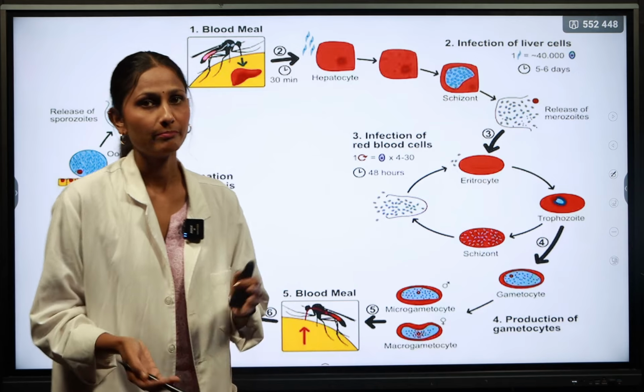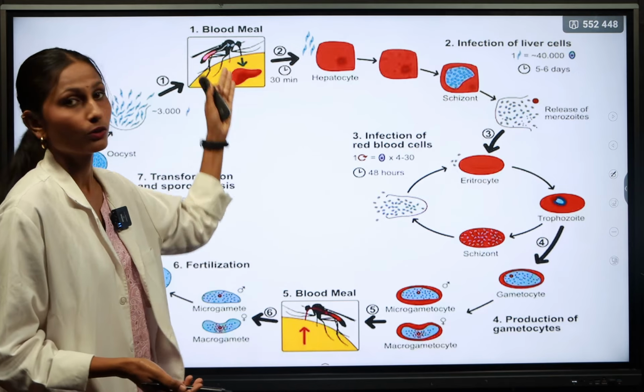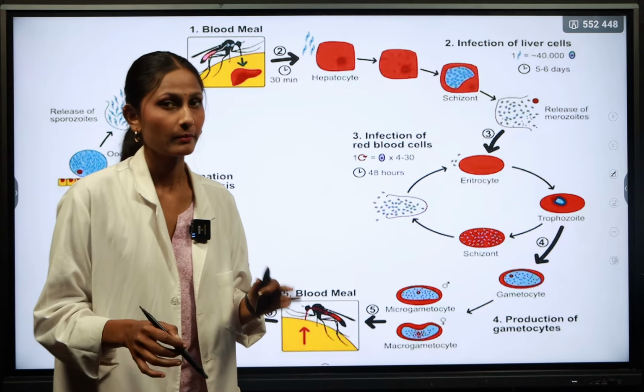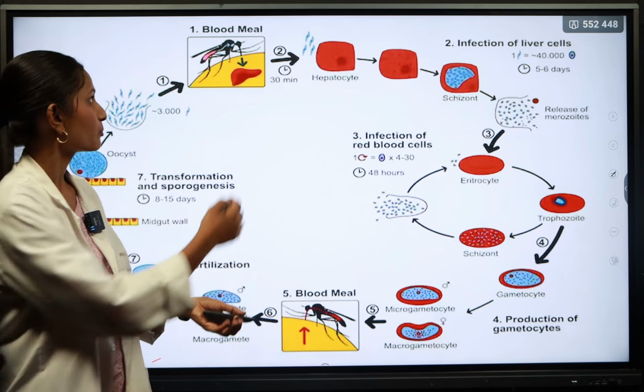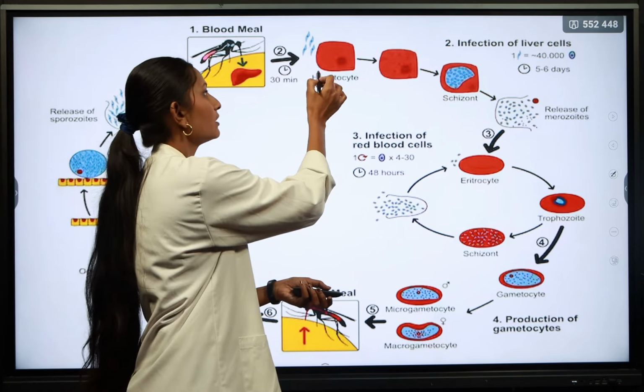So this infected mosquito will bite the human, and after that biting, the sporozoites will spread and go directly into the hepatocyte, directly into the liver. In the liver, the cell develops into the schizont, and this schizont develops merozoites inside it, and the merozoites are released by the bursting of the schizont.